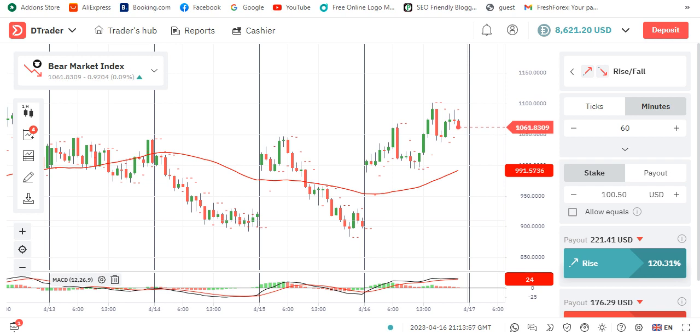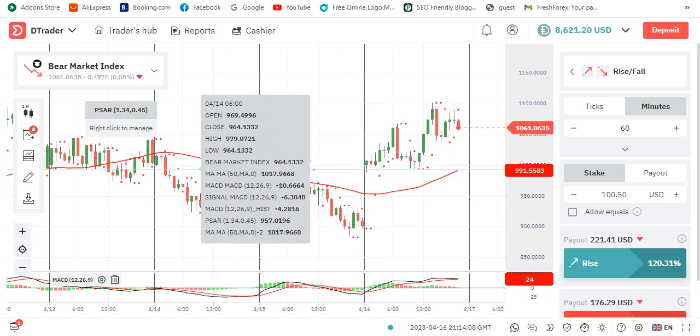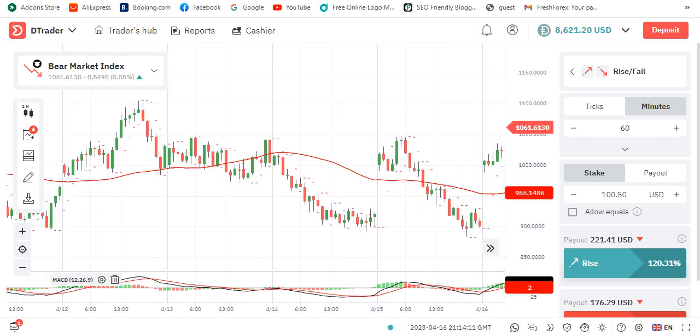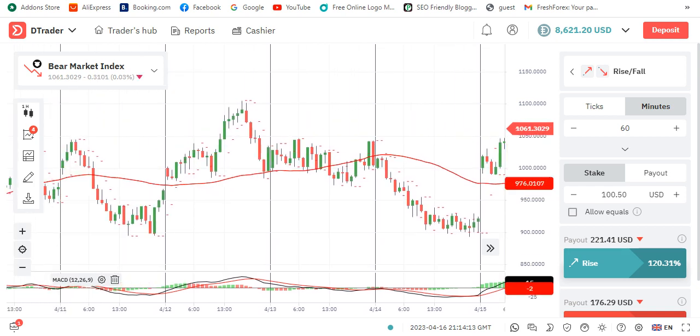You can decide to just place a trade in the direction that this is a bear market, and you will make money. You can see this market right now.